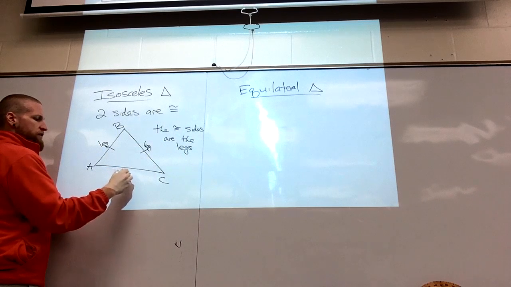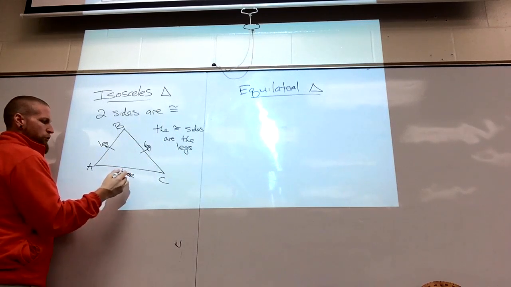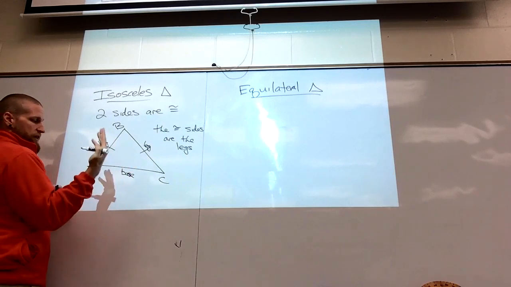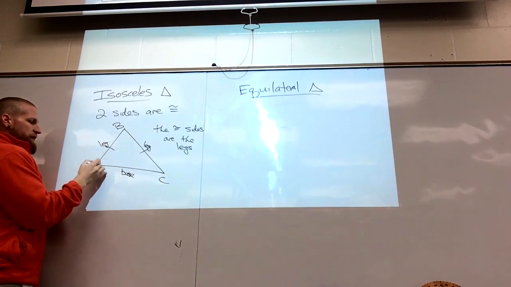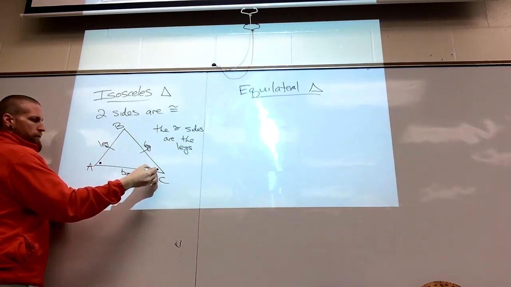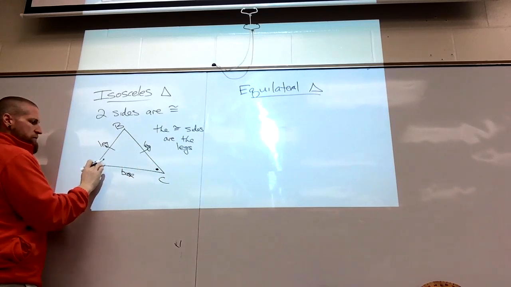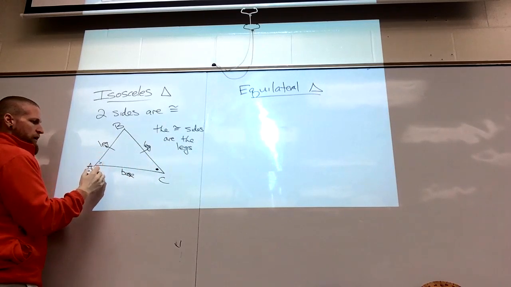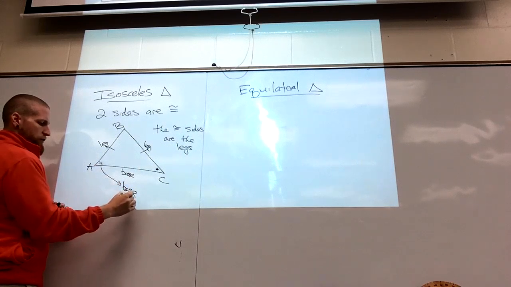The other side is considered the base. It doesn't have to be on the bottom. Base no longer means on the bottom, guys. That's a classification form. These two angles that are touching the base are called base angles.